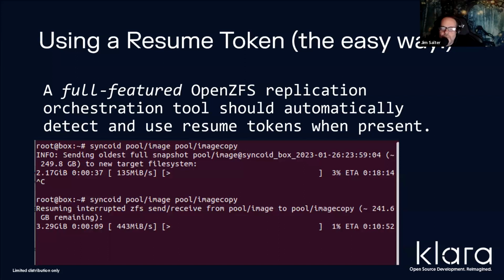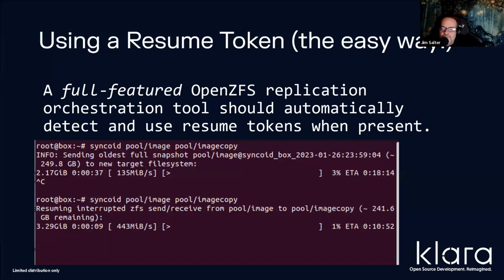This is why we really, really recommend using orchestration for replication. It doesn't have to be syncoid, but it's a really good idea to use a full-featured, well-established, well-tested replication orchestration tool, because it makes all this so much easier, and it removes so many different ways you can potentially screw up.